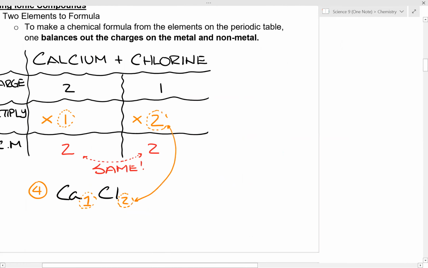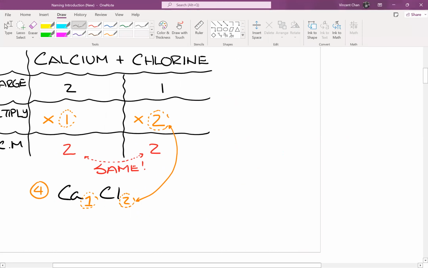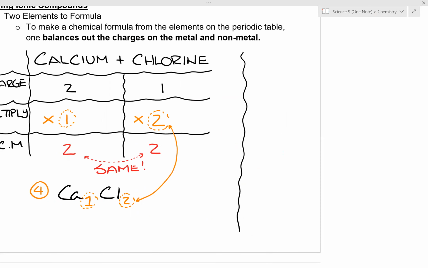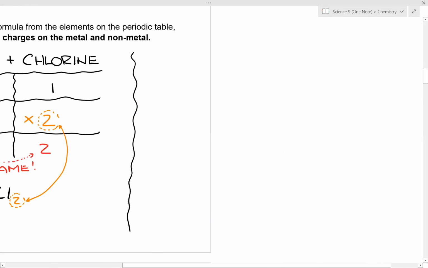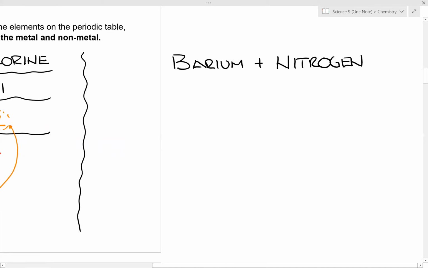Another example that I gave in the work. So let's do another example on the side. And I think in the notes I did it on the bottom, but that's okay. So let's say, for example, I had barium and nitrogen. So again, if we take a look at barium and nitrogen, we follow the same 4 steps.